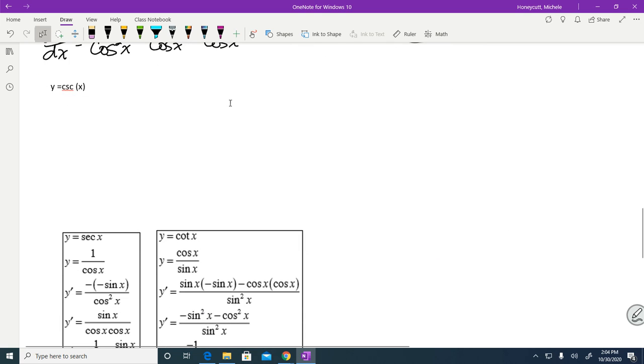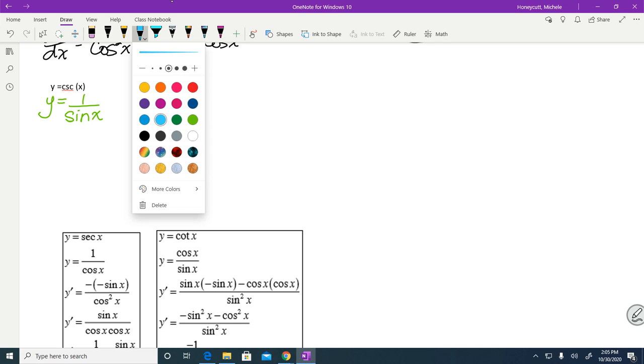Now cosecant, I can find the derivative in a similar way. I don't have a definition for the derivative of cosecant, so I'm going to try to rewrite it. Cosecant is the same as 1 over the sine of x. So now I'm going to find the derivative using the quotient rule.